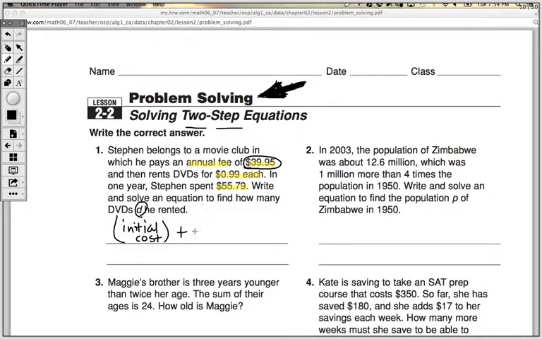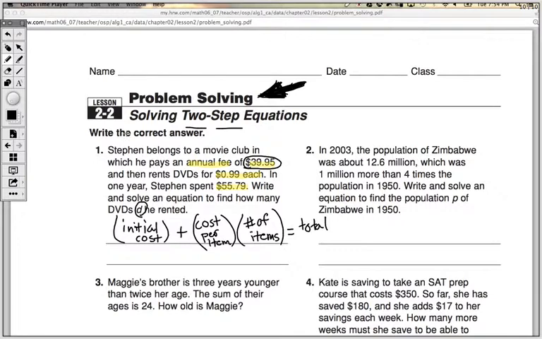Then we're going to add a new cost, the cost per item times the number of items, and that's going to equal our total. So you start with that initial cost, then charge so much per each thing, and that's going to add up to your total.